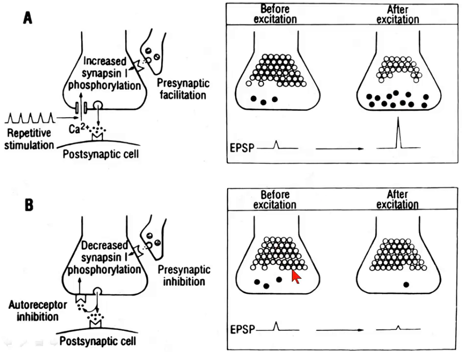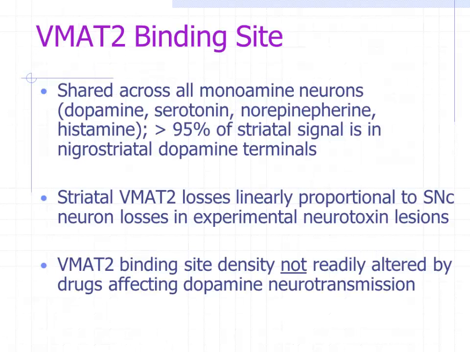And conversely, if you decrease synapsin phosphorylation, then you put more of these into the bound pool and reduce the number that can be released. So the VMAT2 binding site, just to summarize, is shared across all monoamine neurons. It's not specific to dopamine, but as I said already, in the striatum you can assume that virtually all of the signal is indeed dopamine in origin.